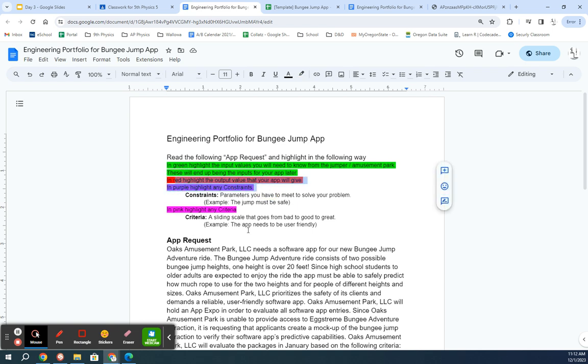In red, we're going to highlight the overall output that we are looking for from the app. In purple, we're going to highlight any constraints. Again, remember that these are the parameters that you have to meet. In pink, we're going to have you highlight any criteria. Again, this is the sliding scale that could be variable.